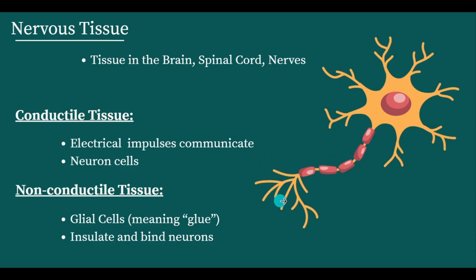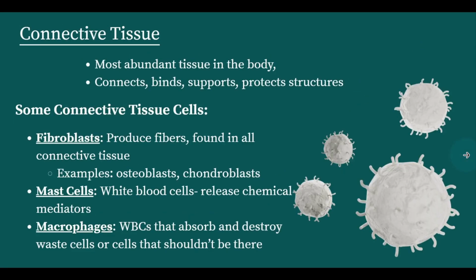The conductive tissue of nervous tissue is called a neuron, whereas the non-conductive tissue is called a glial cell, and that means glue. Glial means glue, and it insulates and it binds the neurons together. So the myelin sheath would be a glial situation. So 2 different kinds of cells in nervous system tissue.